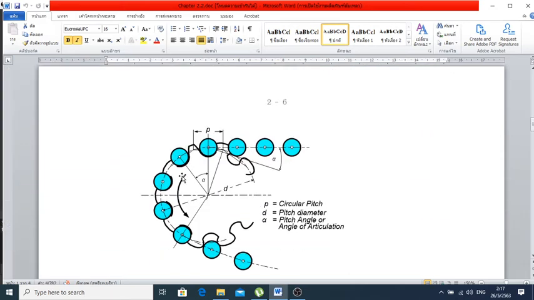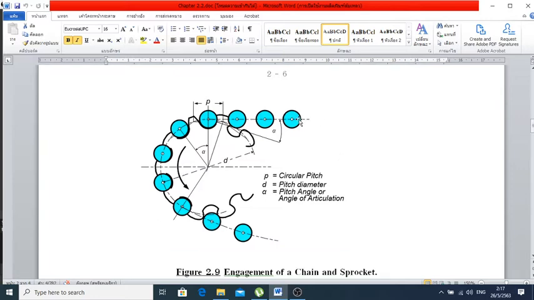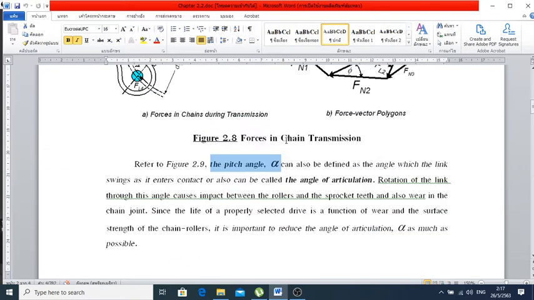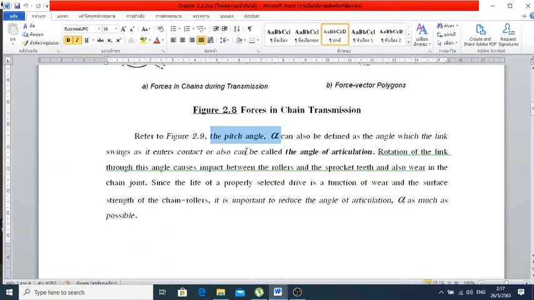In figure 2.9 here, the chain approaches the sprocket with an angle of alpha. The pitch angle can also be defined as the angle through which the link swings as it enters contact, or it can also be called the angle of articulation.